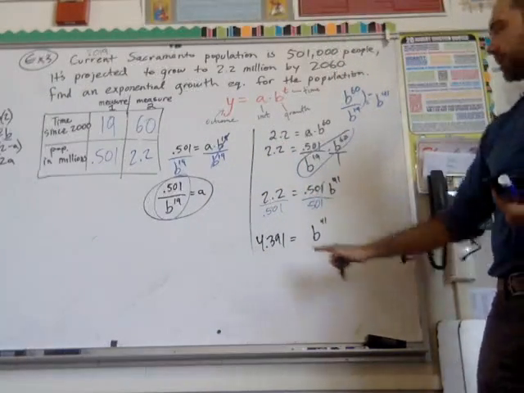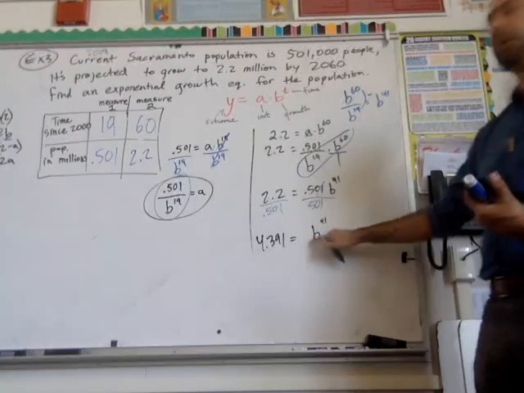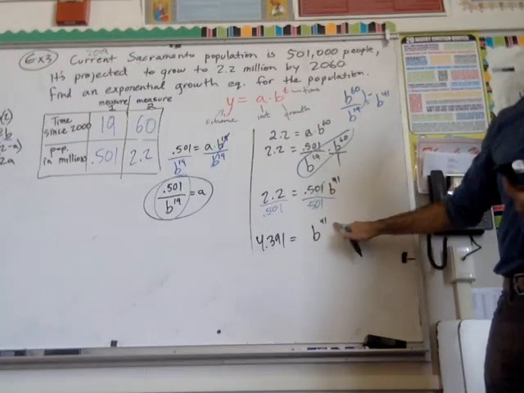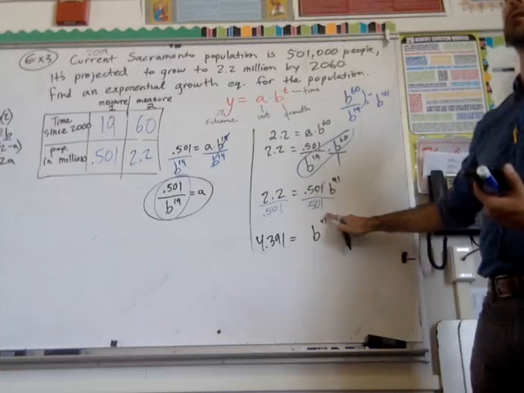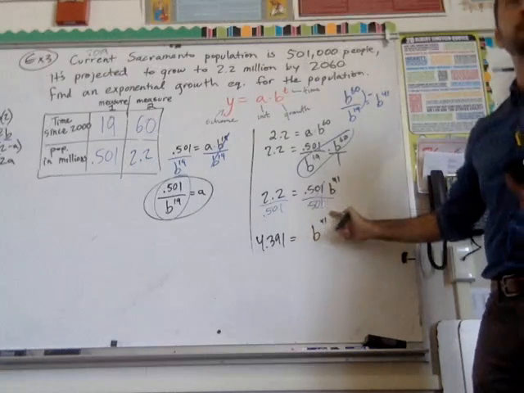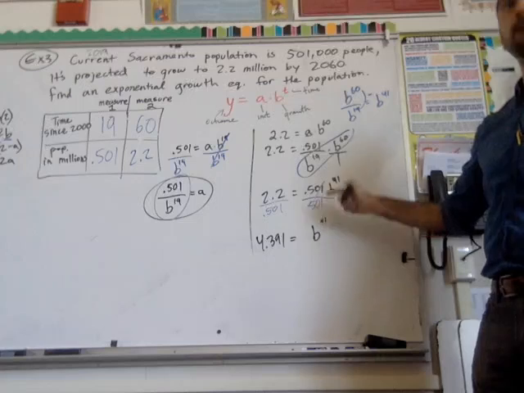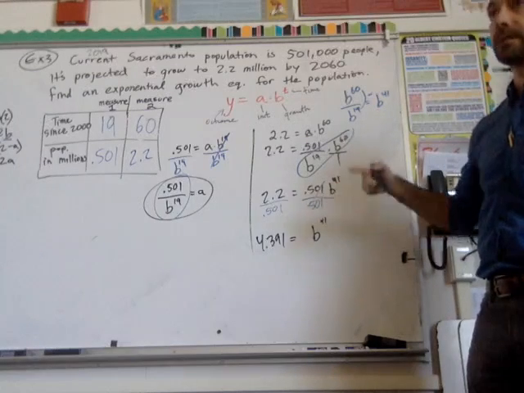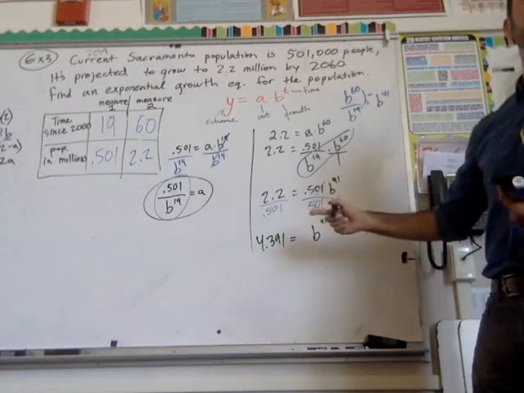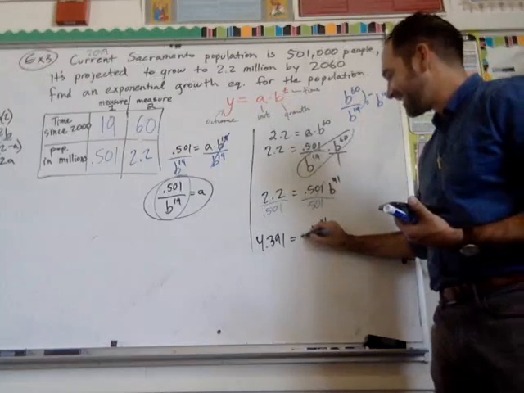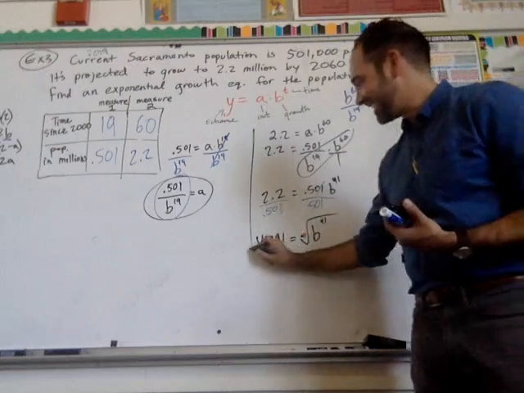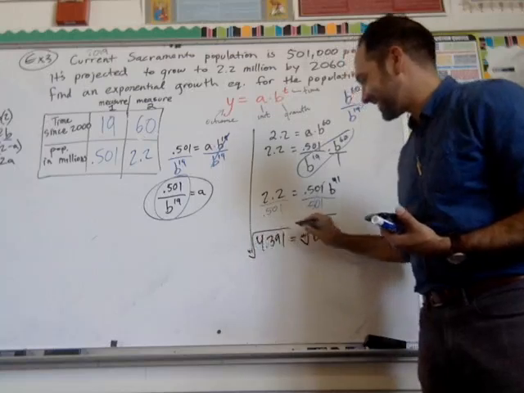Now, if 4.391 was equal to b squared, how would I get b by myself? Square root. If it was the fourth power, I'd take the fourth root, seventh power, seventh root, 41st power, 41st root. Easier to think than say.